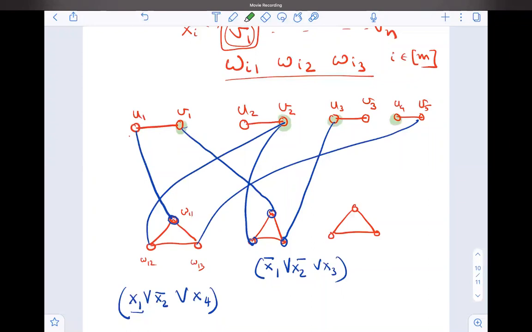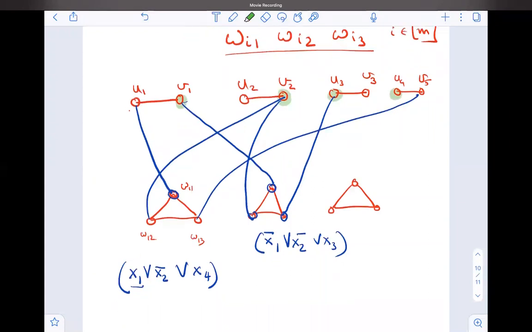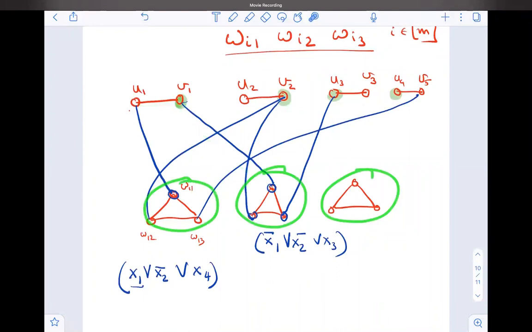Now, what happens here? What is the vertex cover for me? This particular one has covered this, and this has covered this. Note that for every clause here, the things that I colored green ensure that every clause has at least one satisfying literal.